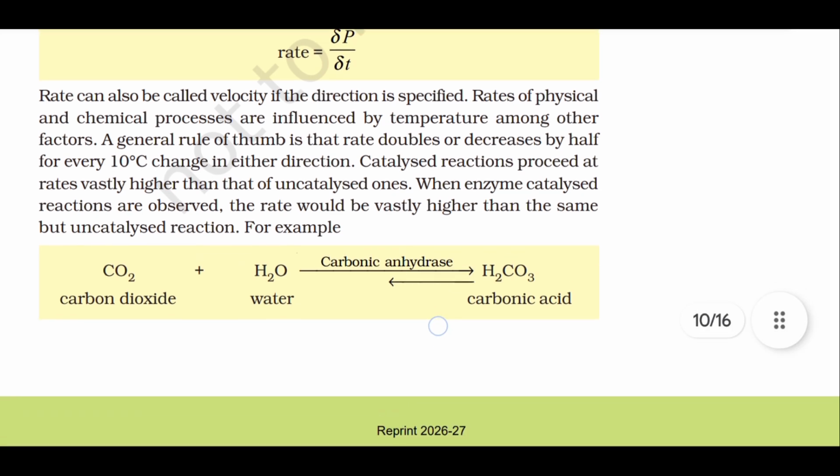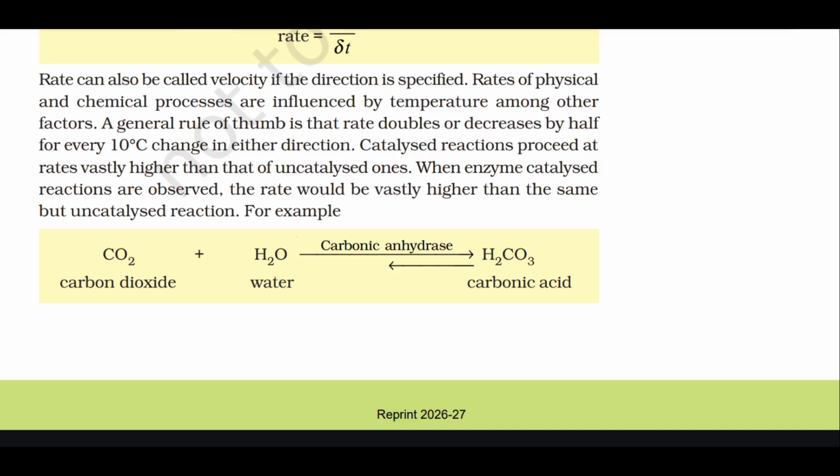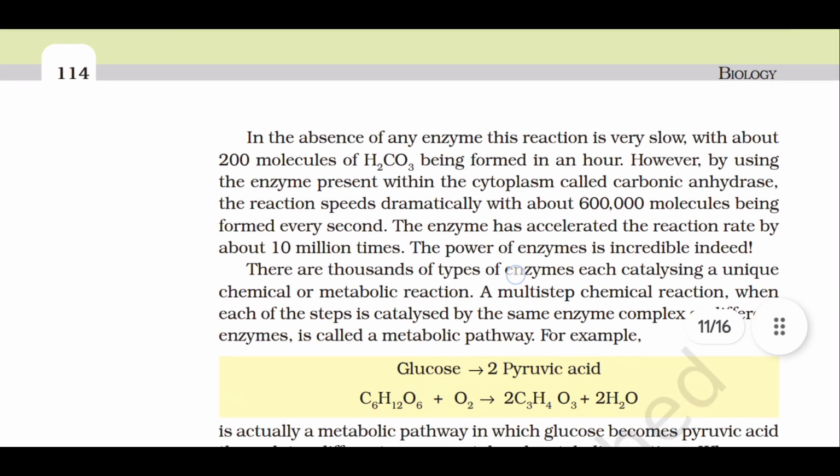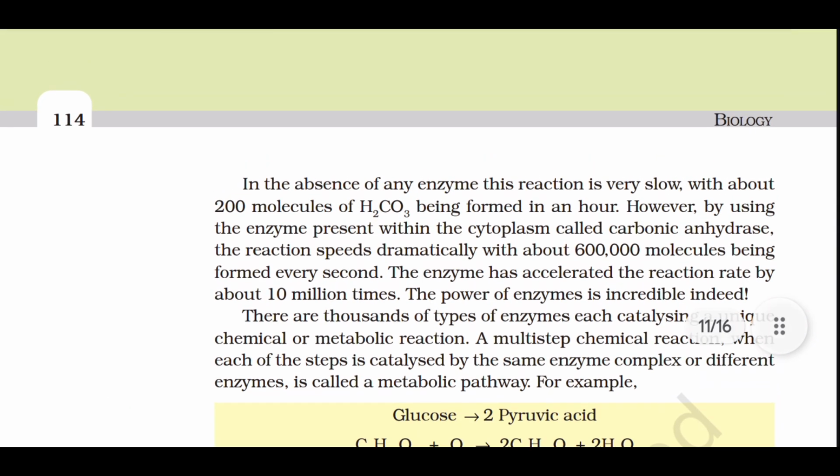When enzyme catalyzed reactions are observed, the rate would be vastly higher than the same but uncatalyzed reactions. For example, carbon dioxide plus water is converted to carbonic acid and the enzyme involved is carbonic anhydrase. In the absence of any enzyme, this reaction is very slow, with about 200 molecules of carbonic acid being formed in an hour.